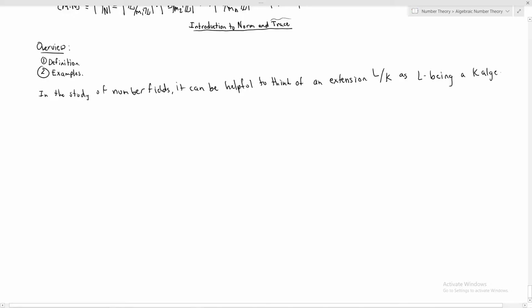So L is a ring with a K vector space structure. And we can view elements of L as homomorphisms from L to L.